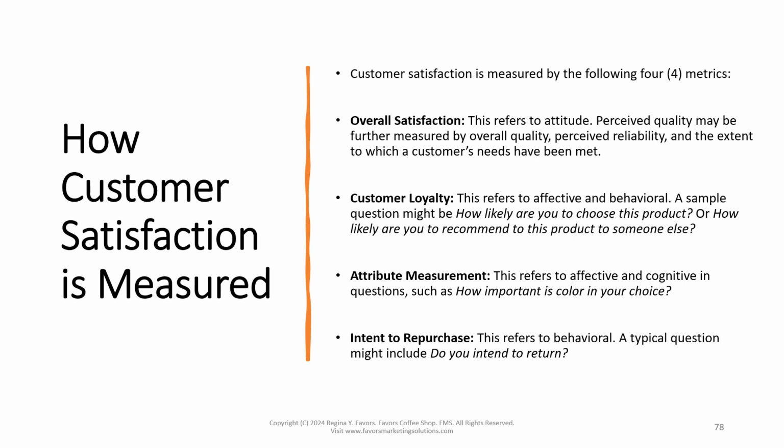And then customer loyalty. This refers to affective and behavioral. A sample question might be, how likely are you to choose this product, or how likely are you to recommend this product to someone else. So attribute measurement, this refers to affective and cognitive in questions such as how important is color in your choice.